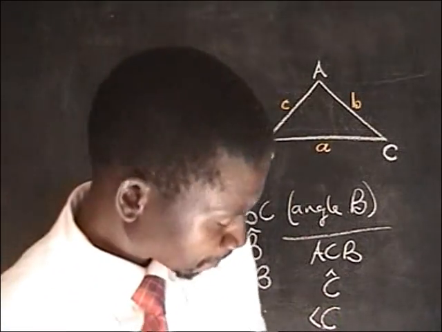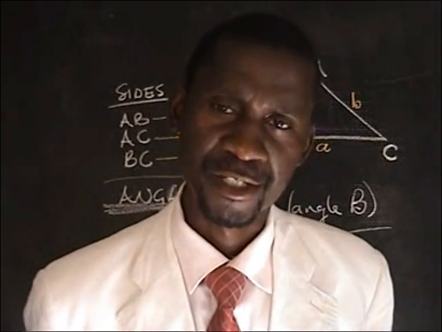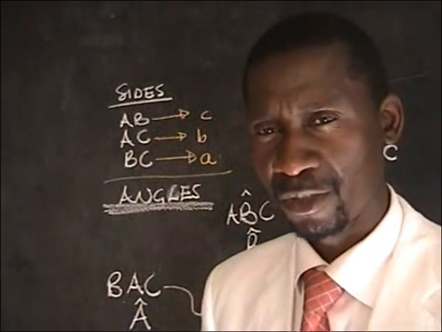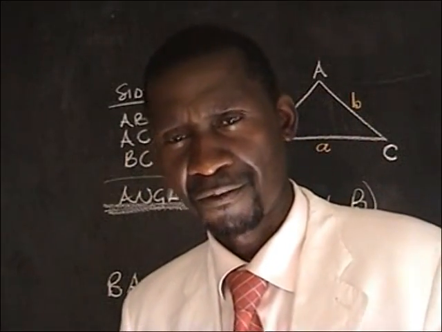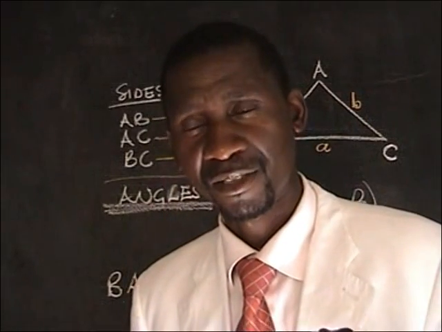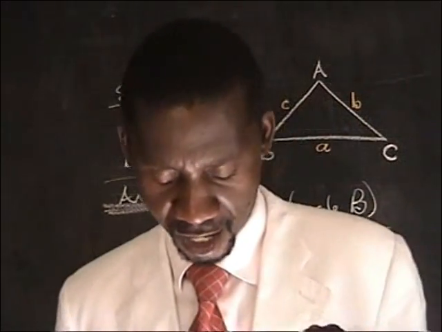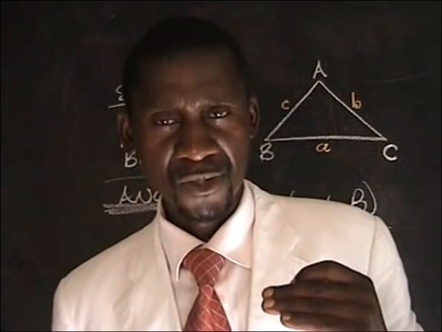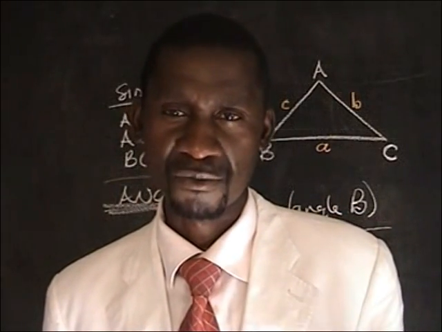Now from there, the next thing is to look at the conditions that are going to favor the cosine rule to be applied. Most of you out there tend to fail mathematics, reason being that you lack some of the pieces of information.